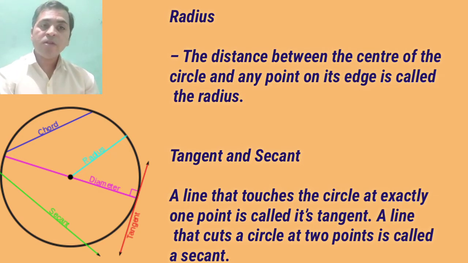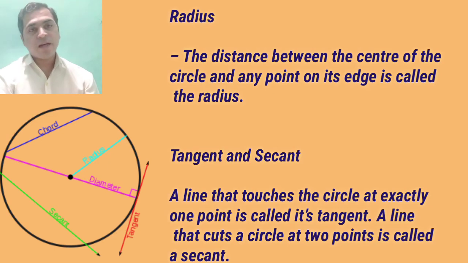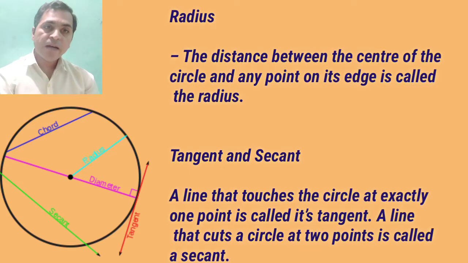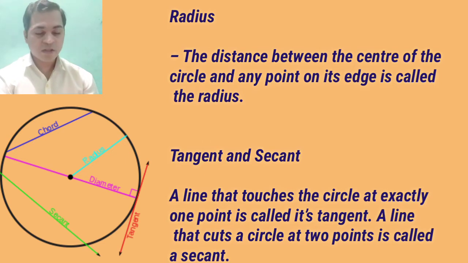Tangent means a line which passes through one point of a circle, and a tangent is always perpendicular to the diameter. Secant is a line which passes through 2 points of a circle.